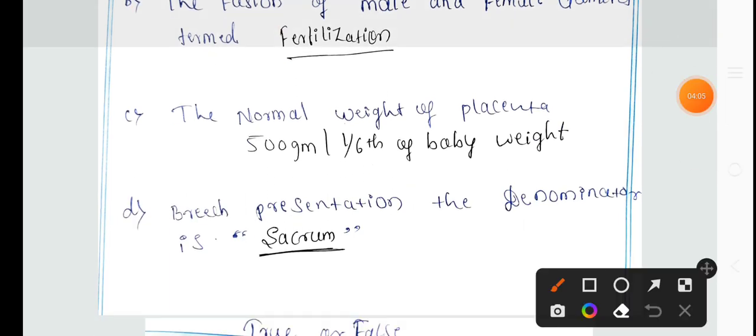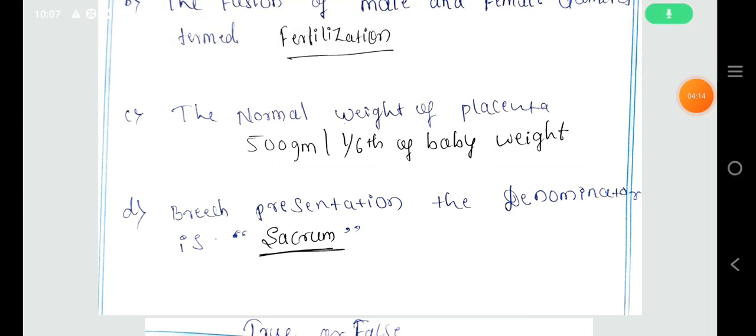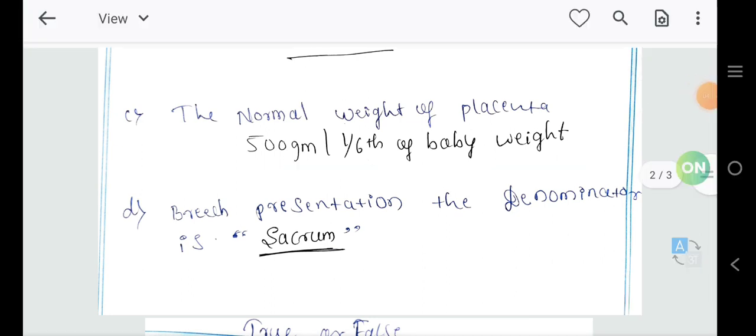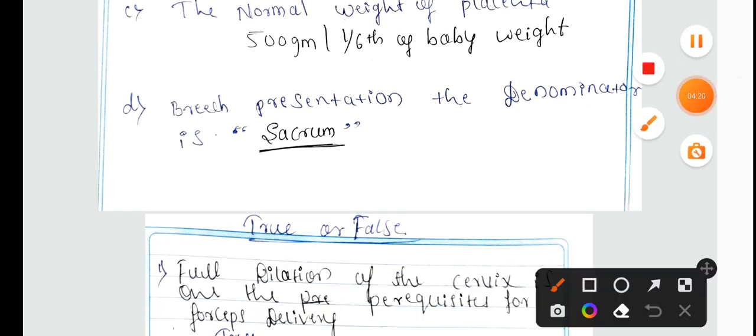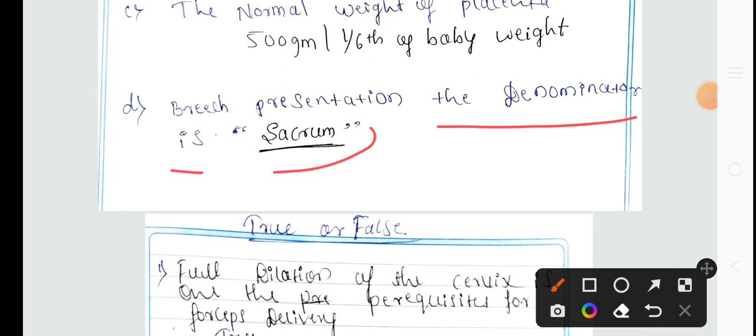The normal weight of the placenta is 500 gram or 1/6 of the baby weight. Next question, the breech presentation denominator is sacrum.